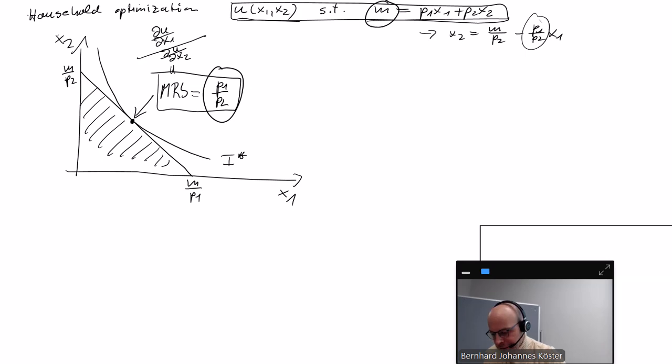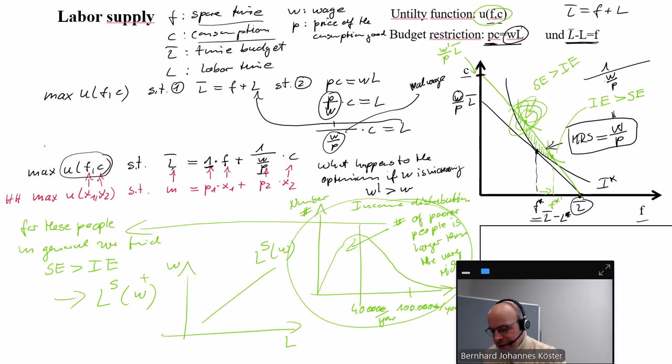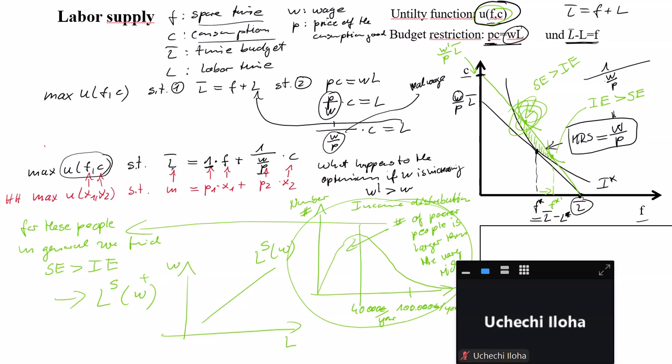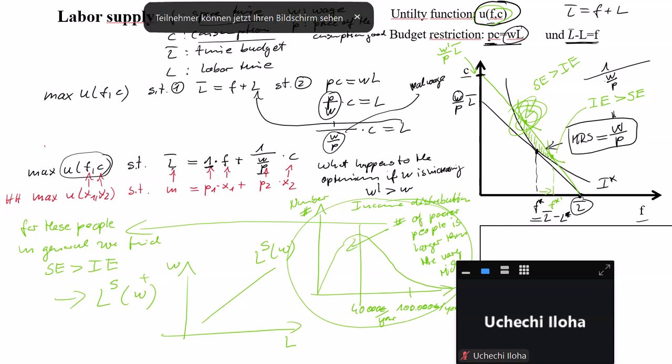Then I showed you that for the derivation of labor supply, we have a technically totally similar optimization problem, since we assume that we also have, so to speak, two goods, spare time and consumption.